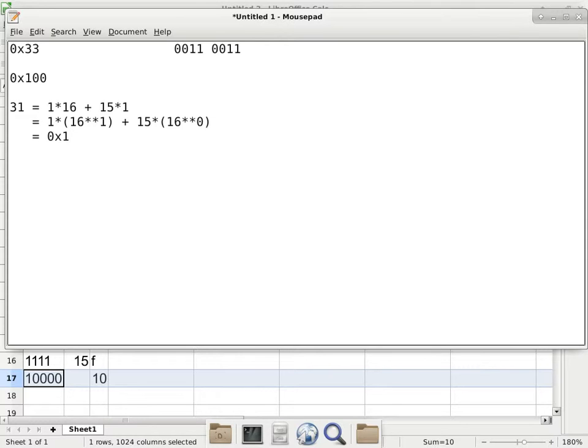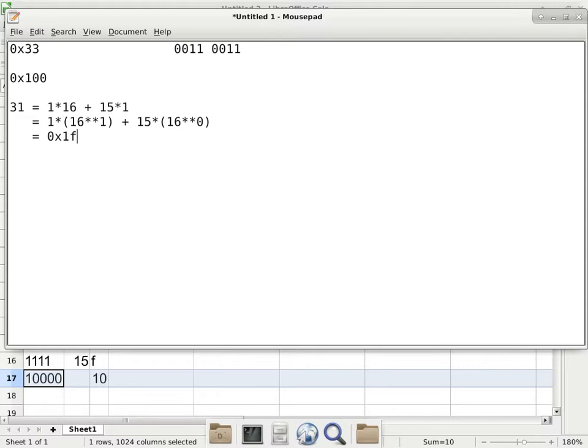Which letter is representing 15? F. Yep, that's it. So 1F as a hexadecimal number represents 31 in decimal. Since we have the lookup table, we also know that 1F in hexadecimal is 00011111 as a binary number.